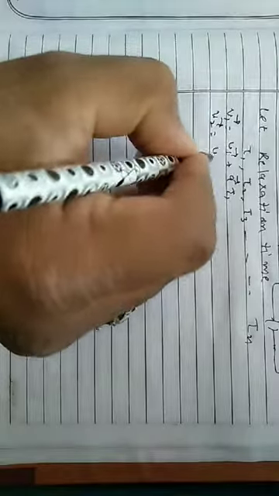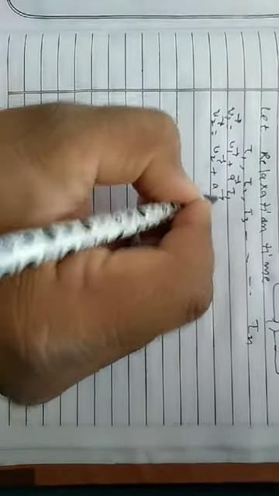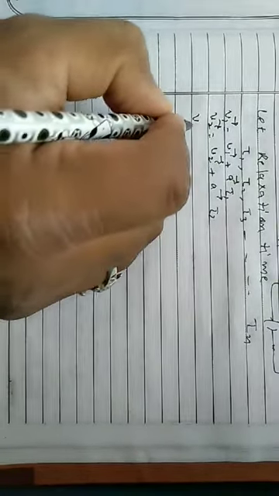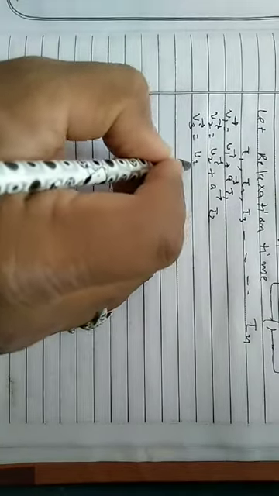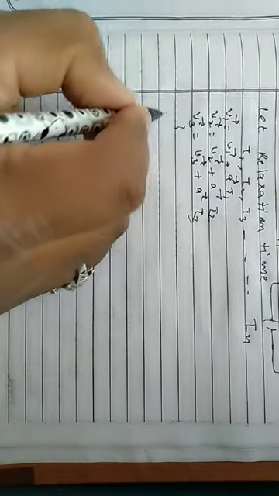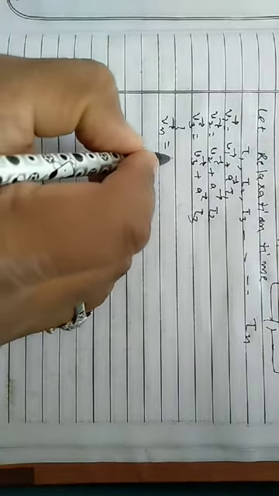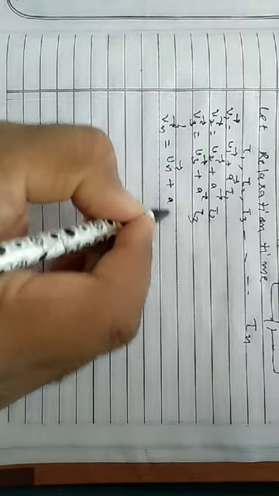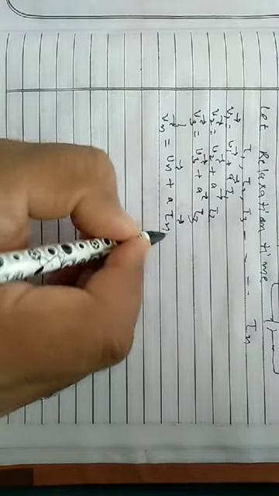Now, according to the equation of motion, we can write for the first electron v1 is equal to u1 plus a t1. For the second, v2 is equal to u2 plus a into t2. For the third, u3 plus a into t3. For the last, vn is un plus a into tn.